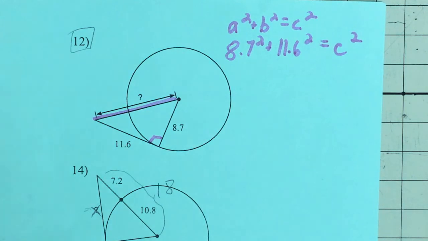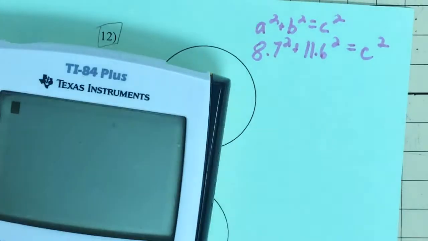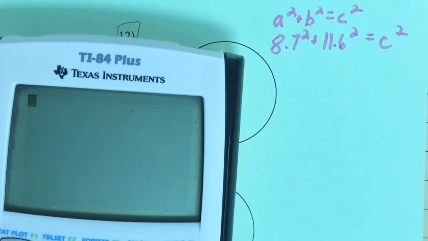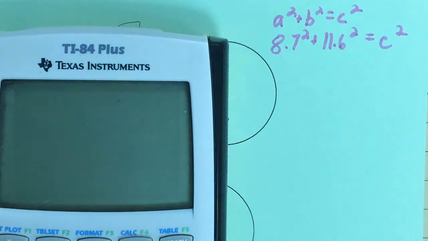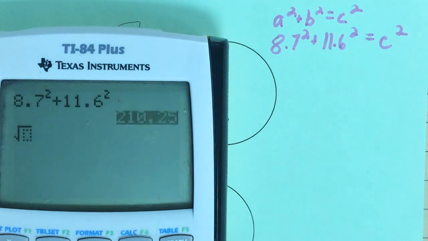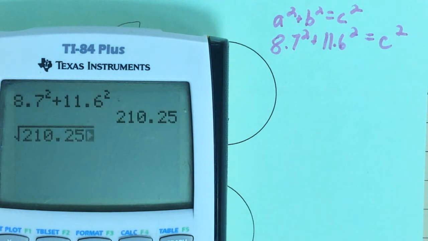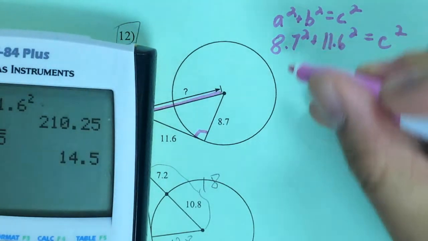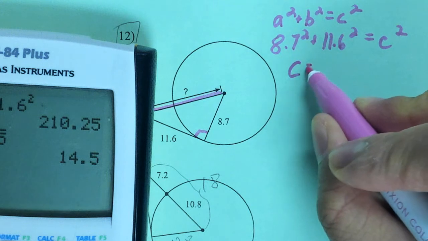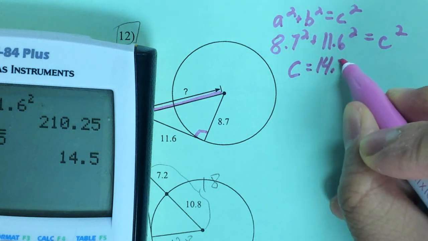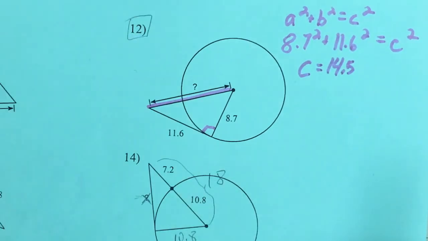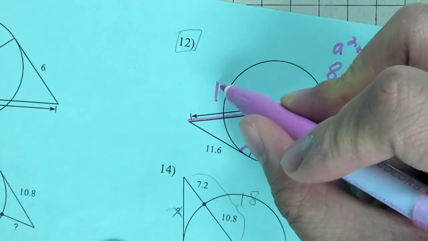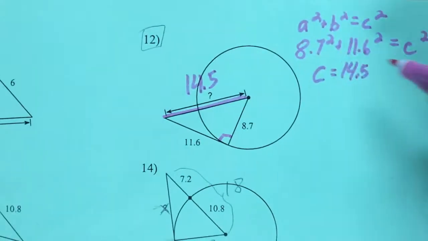Go ahead and solve for that. C equals 14.5. Which is this entire segment right here. And that's my answer.